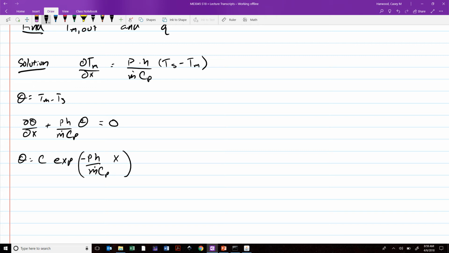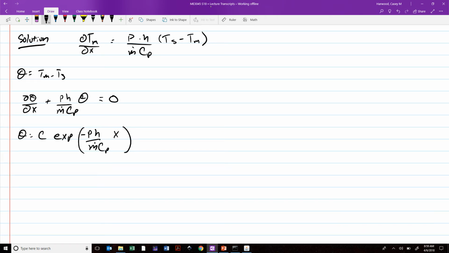Okay, once again, we can even go so far as to use our boundary condition at the pipe inlet to find C. So at x equals 0, let's solve it in terms of T first. Let's say Tm then is equal to C exponent negative P h over m dot Cp x plus Ts.